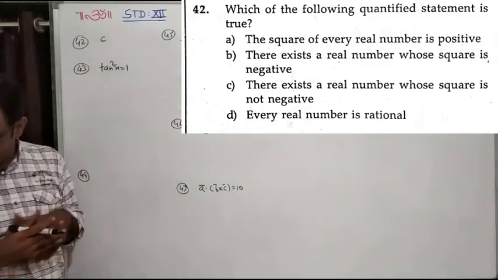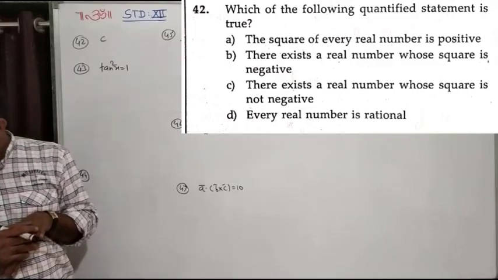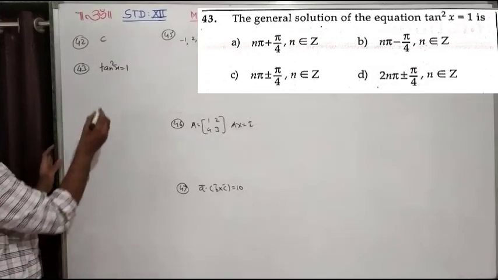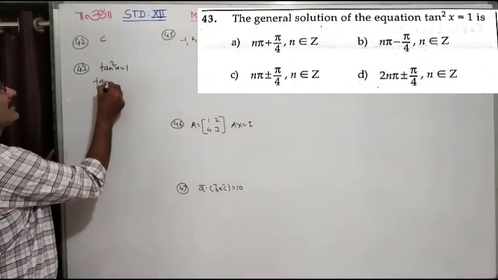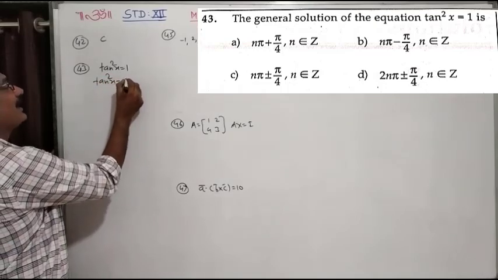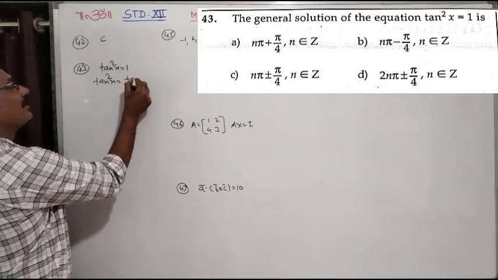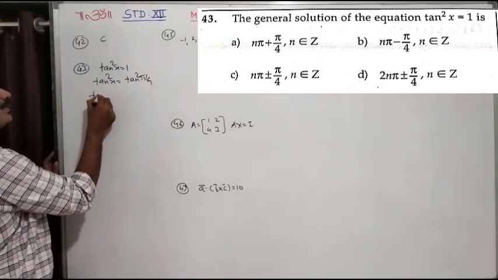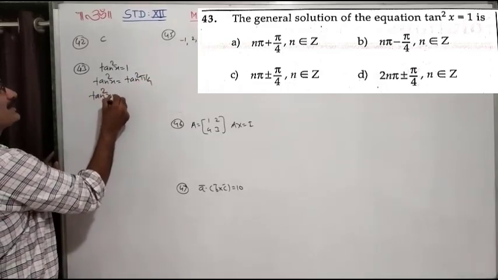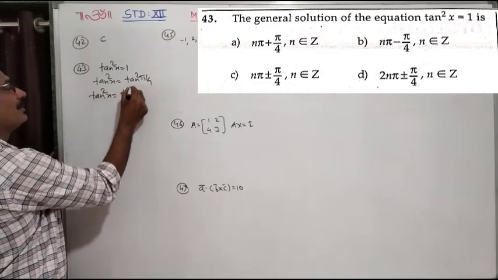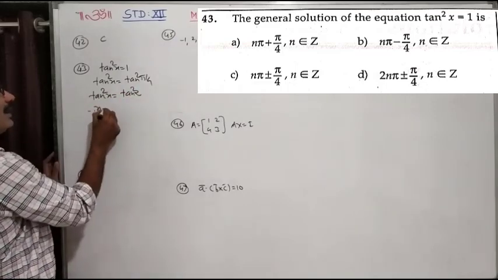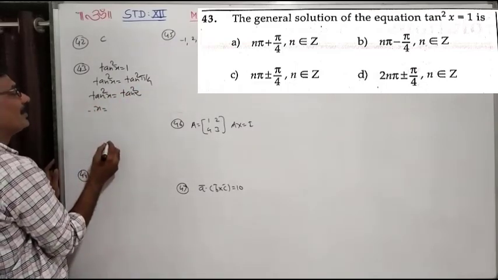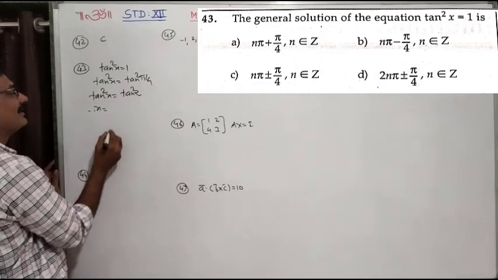43. The general solution for this, yeah, you can write it as tan square x equals tan square pi by 4. So tan square x is equal to tan square alpha, x equal to, what is that?